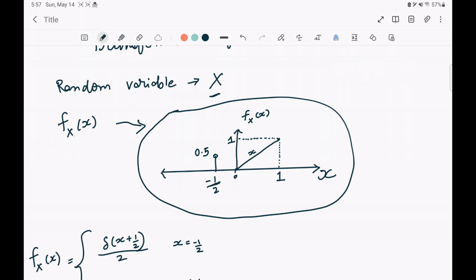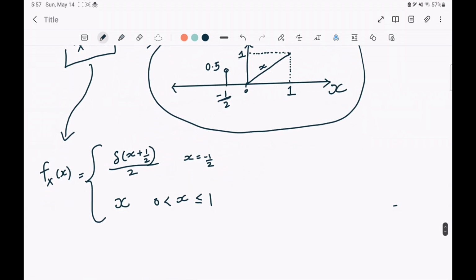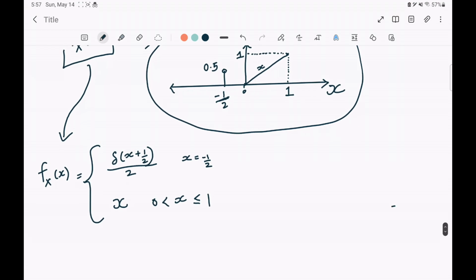So this probability density function Fx can be represented in this manner. For small x lying between 0 and 1, it behaves like a linear function and increases linearly like this, and at x equals minus half it takes up the value of 0.5. Here I have represented this in the form of a Dirac delta function.